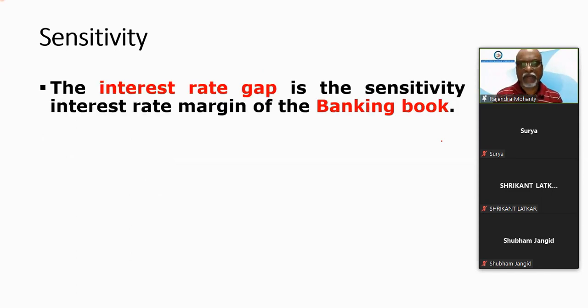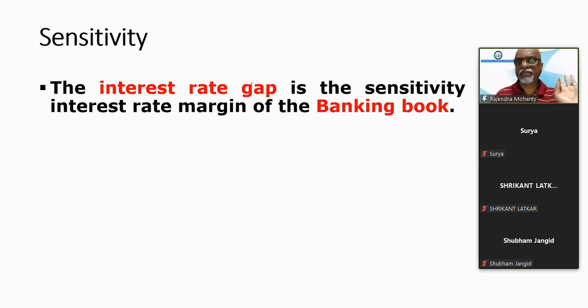Right. So now, as I've told, again I'm repeating, for a banking book transaction, the sensitivity measurement is done through the interest rate gap. The interest rate gap is the sensitivity of the interest rate margin of the banking book, or the loss or profit of the banking book can be easily calculated through the interest rate gap.